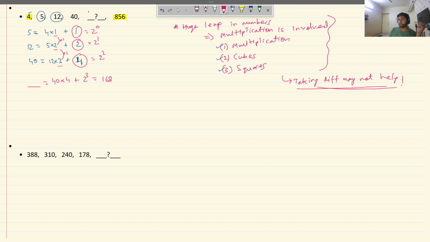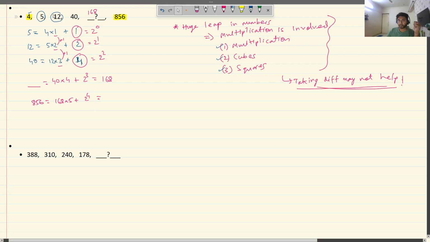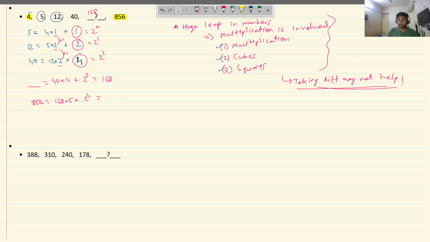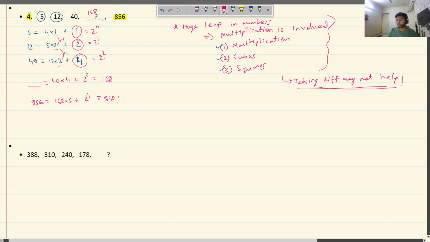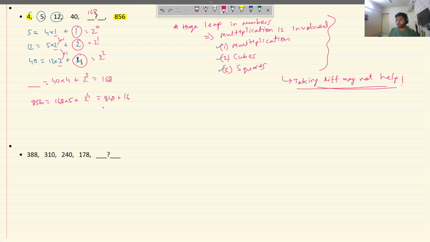If my missing number is 168, then can I reach 856 with the same logic? 856 should be 168 into 5 plus 2 to the power 4. Is it coming? 168 into 5 is 840 plus 2 to the 4 is 16. Yes, it is indeed coming, 856. So our logic is correct.